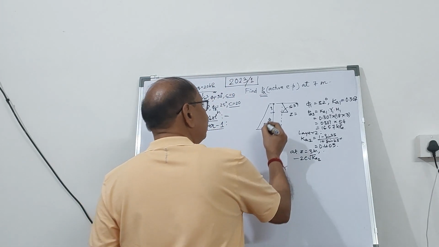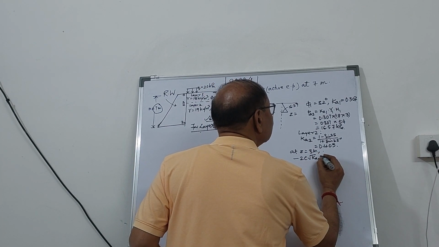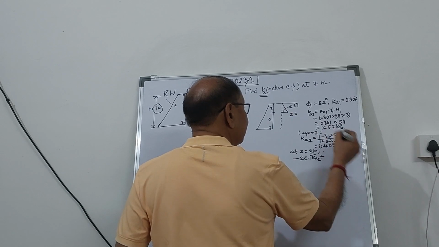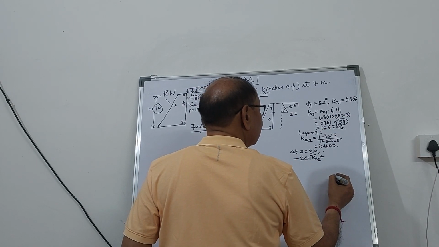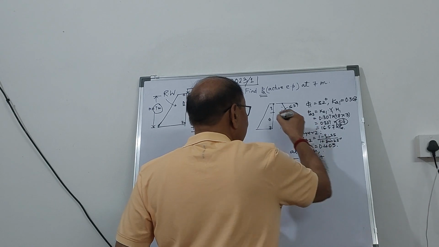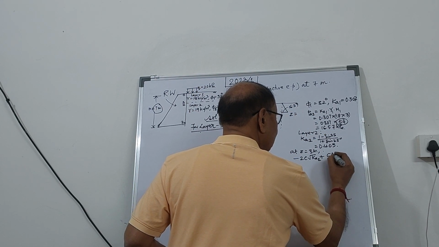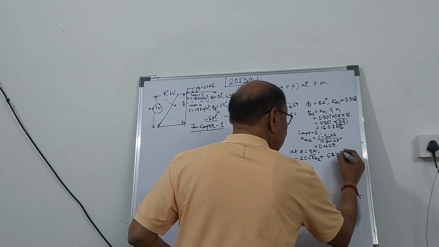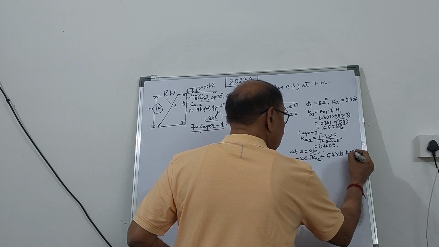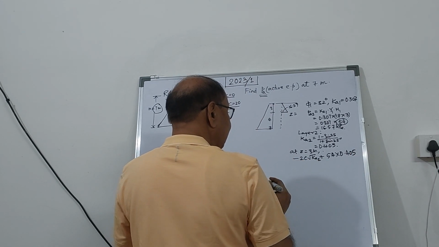Negative pressure will develop here, and to this negative pressure we add the overburden. How much is the overburden? It is 54. So the vertical pressure 54 multiplied by K2 is the total pressure at this level.